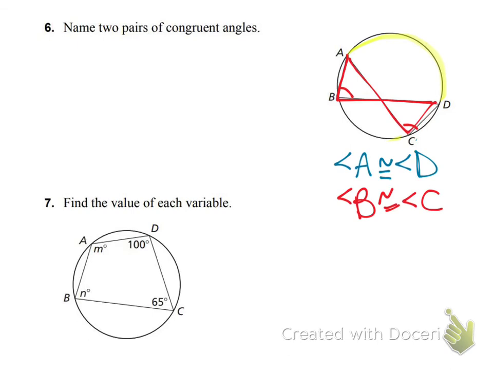He's not wrong, but you're also not right either. That doesn't help me here. What adds up to 180? The opposite angles will add up to 180. So n and 100, so n equals 80, and 65 and m, which makes 115.